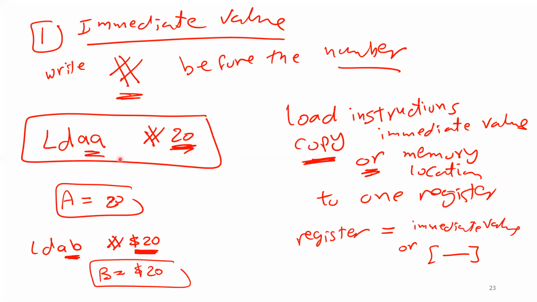For example, if you look at this one, guys, load register A. This one is going to copy the number 20 and put it in register A. So what this instruction is going to do, actually, is A should equal 20, because in assembly, unlike most high level programming languages, we don't have equal. Instead of equal, it has to be an instruction like this one. It has to be done on the hardware. Is that okay, guys? So we don't have equal in assembly. Instead of equal, we have to use an instruction like this one. Is that okay? So once you see something like that, that means we're going to copy register A.